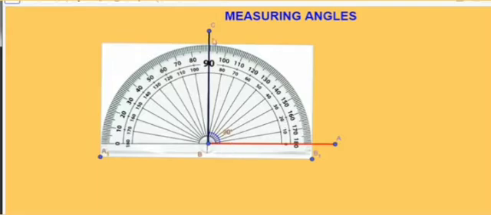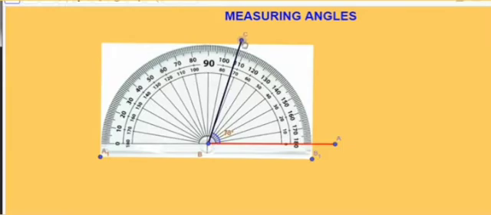Okay, now I am making another angle. Now tell me what is the angle here? What is the measurement of this angle? Tell me. Yes, it is 50 degree. That is, you have started from 0, 10, 20, 30, 40, 50.